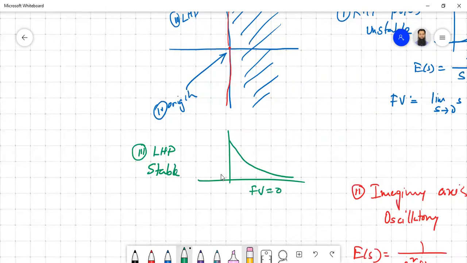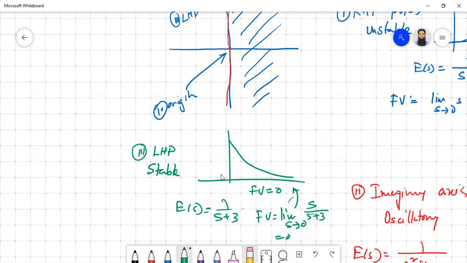Say E(s) is 1 by s plus 3. Your final value will be the limit s tends to 0 of s by s plus 3, so basically 0. Now it's giving you the correct value. If all the poles are in the left half plane, your value is correct.